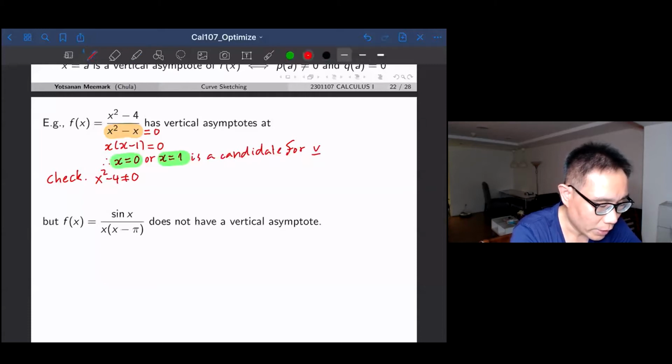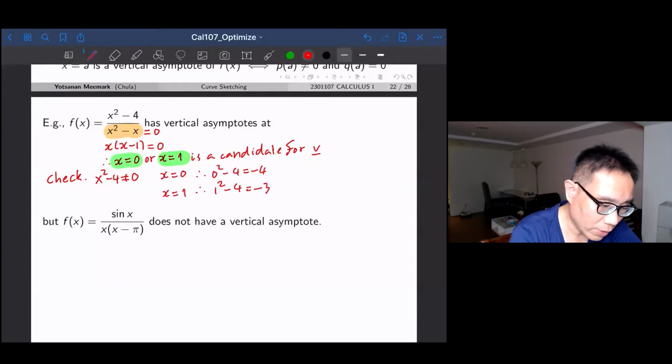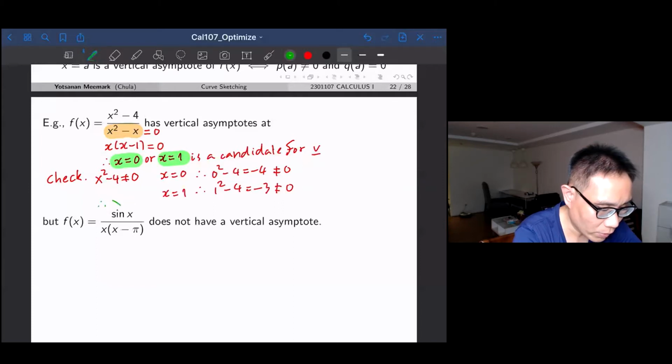For x equal to 0, you get 0 squared minus 4 equal to minus 4, and for x equal to 1, you get 1 squared minus 4 equal to negative 3. So in this case, they are not equal to 0 for both of them. So you may conclude that x equal to 0 and x equal to 1 are vertical asymptotes.